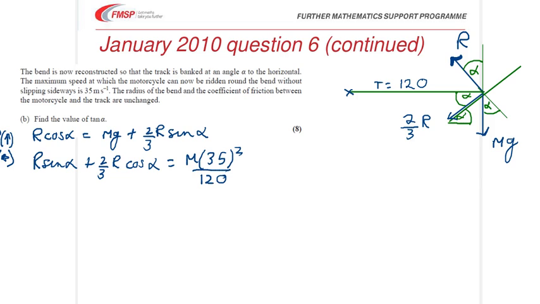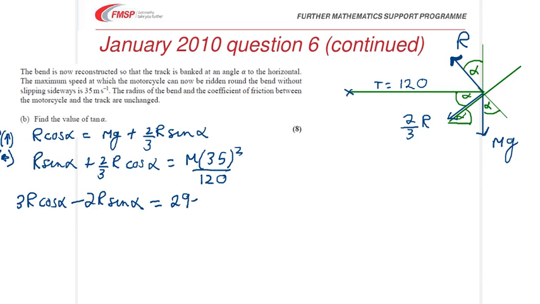Now, we've got two unknowns there, R and alpha. We're interested in finding tan alpha. So, if we tidy these equations up a bit, if we multiply by 3, the two equations turn into 3R cos alpha minus 2R sine alpha equals 29.4m.